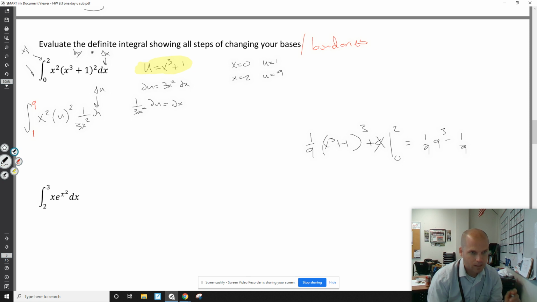Okay? Now, going through the rest of the process, we would have 1 to 9, 1/3 u squared. You would take this antiderivative, you'd get u cubed times 1/9. That's what I got, from 1 to 9.